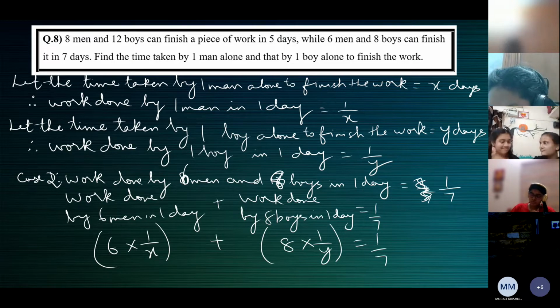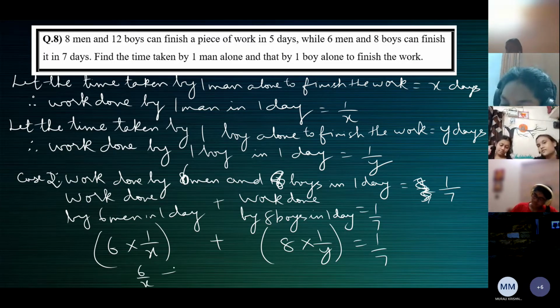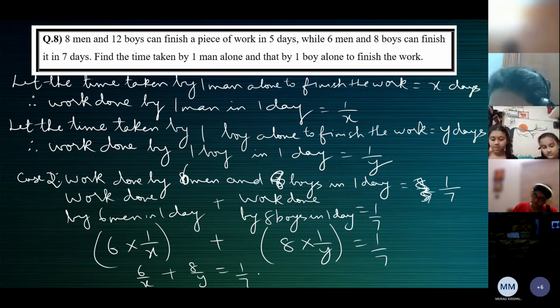So the second equation is 6 by x plus 8 by y is equal to 1 by 7. Now you know how to solve these two equations to find the values of x and y. Let's say let 1 by x be a, 1 by y be b.